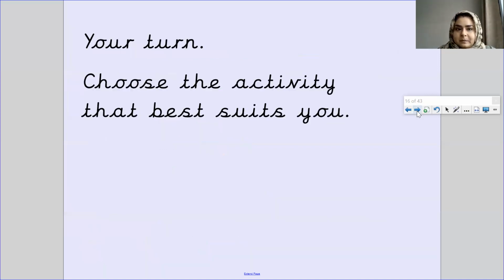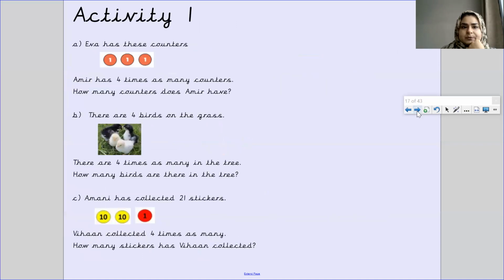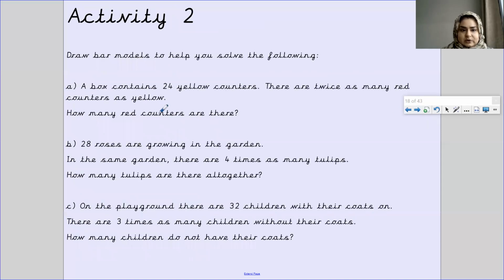Fantastic. Now it's your turn. I want you to choose the activity that best suits you. So activity 1, you have 3 questions, A, B, and C. All you need to do is read the question, underline the keywords to help you answer it. Then you have activity 2. You have 3 word problems here.